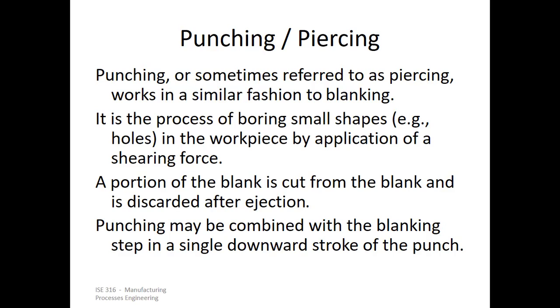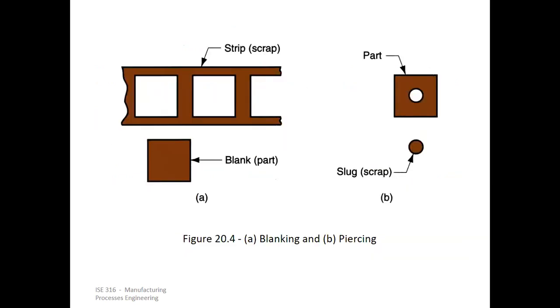Punching may be combined with the blanking step in a single downward stroke of the punch, right? So if that removed component is to be used somewhere else, then it may be combined in that sense. Or you could have a progressive die kind of setup where in one step you are doing this and the other step is simultaneously doing that. As you can see here, in blanking, when you have removed that metal, this is the blank part.